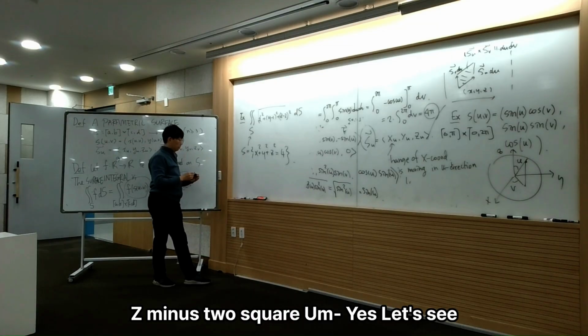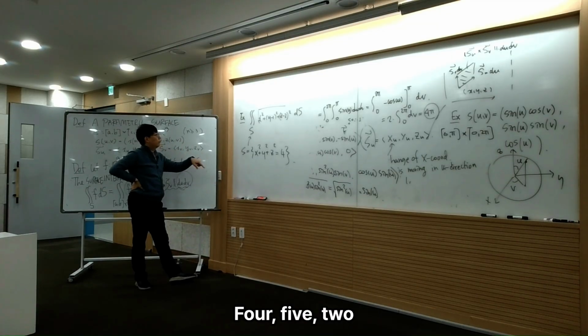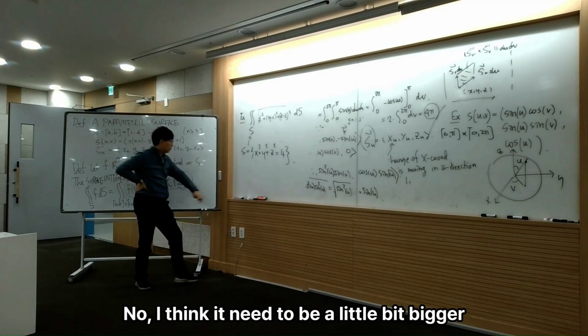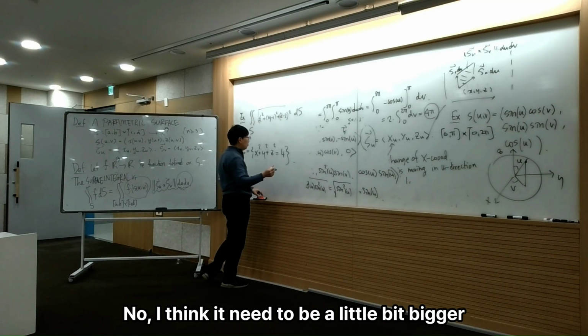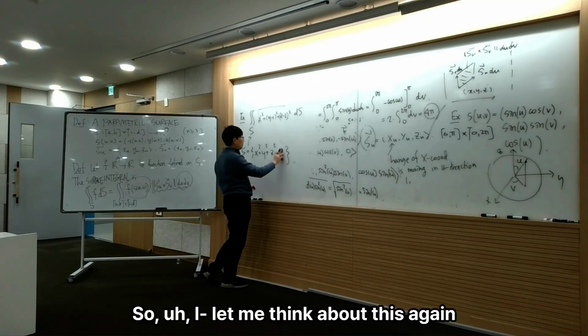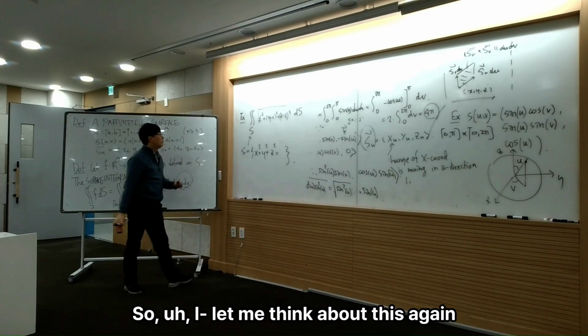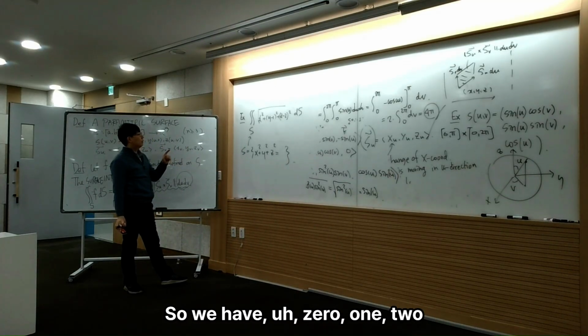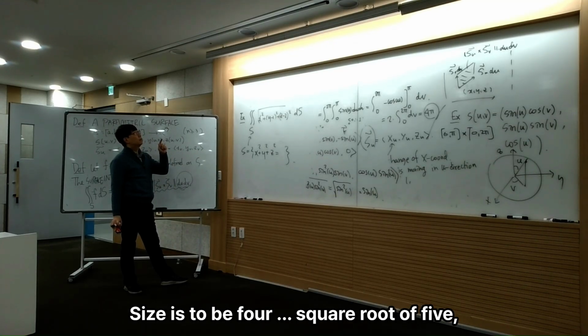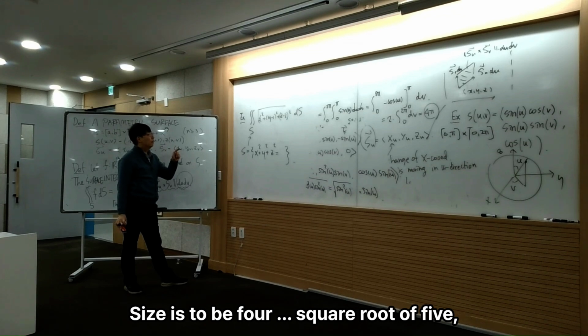Let's see, 4, 5... No, I think I need it to be a little bit bigger. Let me think of this again. We have 0, 1, 2. The size is to be square root of 5.